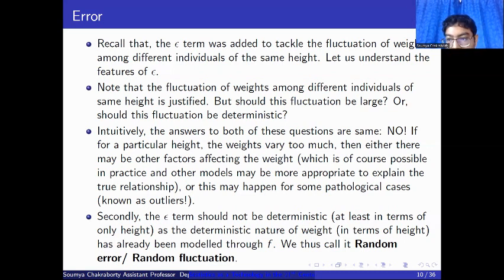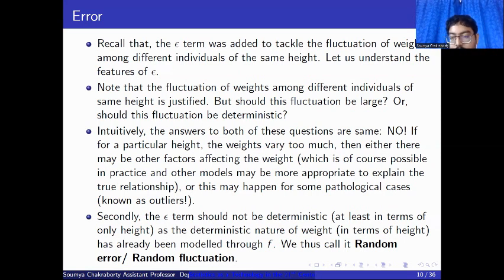So epsilon should not be very large. Actually, we cannot control epsilon. Okay. So we do not know the true relationship between x and y, that is height and weight, and we try to reflect it through f. But even after trying to fit that model through f, that may be linear or logarithmic or exponential, we may commit some error.